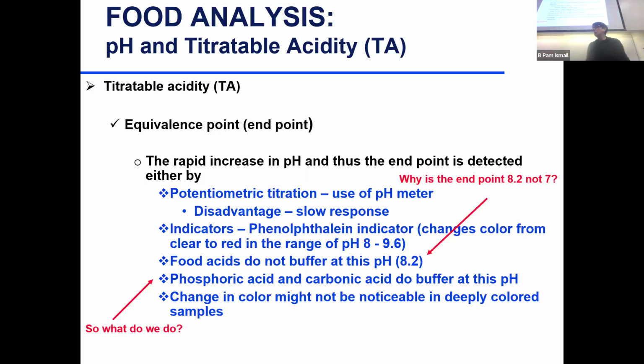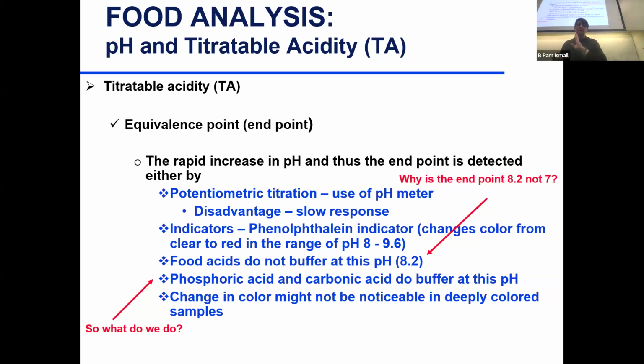Because the dissociated base is a conjugate base, so usually it has a little bit higher pH than 7. That's why the end point, when all of your acid is dissociated, will be around pH 8.2.